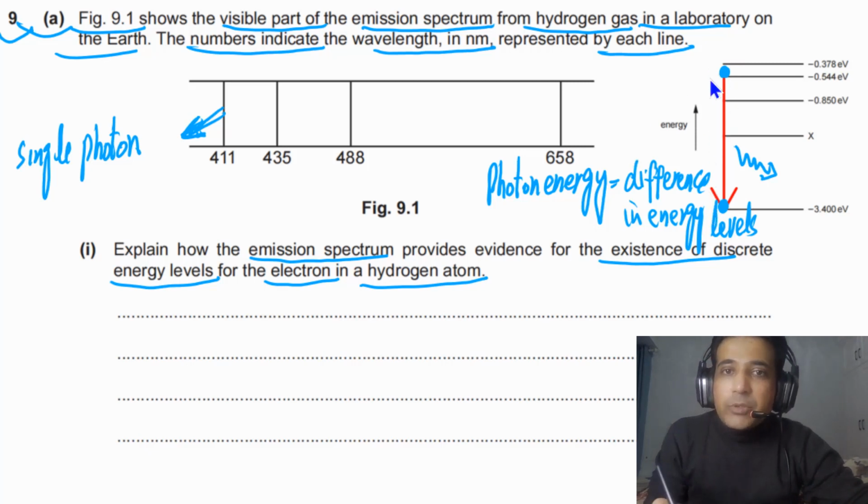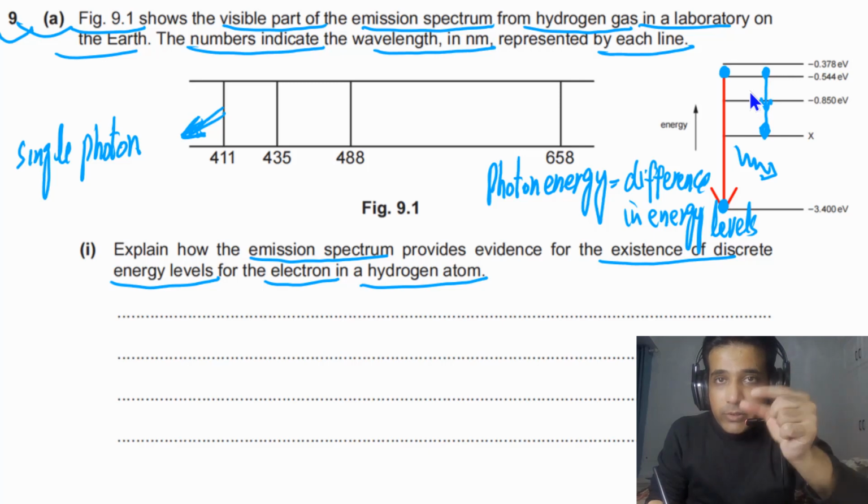Now imagine that an electron jumps from this energy level to this one. Again, when the electron loses energy, its energy decreases, so it will emit a single photon.